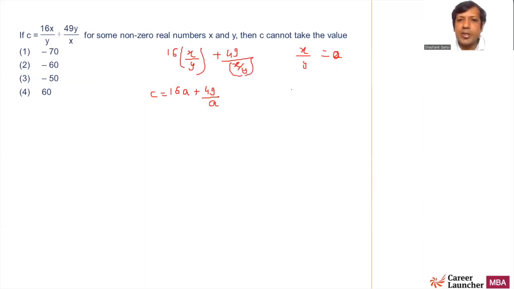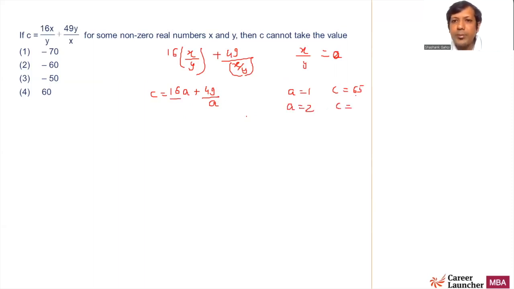So let's say I'm just putting randomly, let's say a equal to 1. So if I'm putting a equal to 1, I am going to get the value of 65. Okay, so at a equal to 1, c equal to 65. If I put a equal to 2, this becomes 32 and this becomes 24.5.